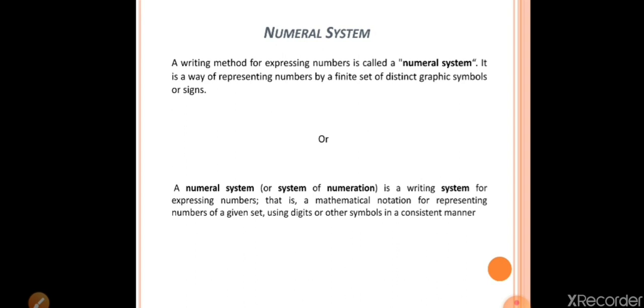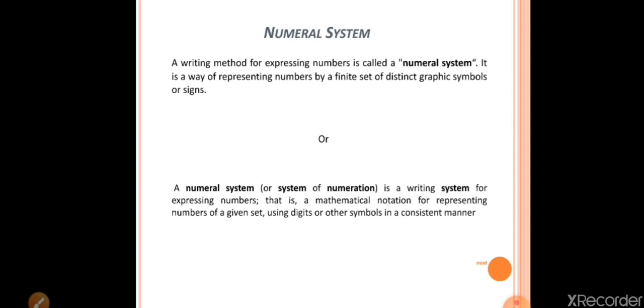Simply, we can say a numeral system is a way to express the meaning of different symbols or different mathematical notations that we define in this numeral system. So numeral system is very clear from these definitions, and you can study it also.